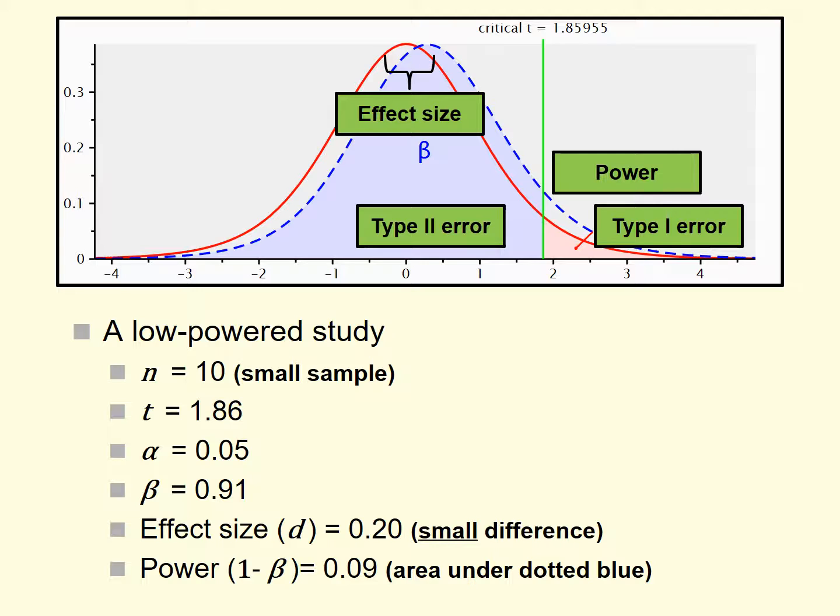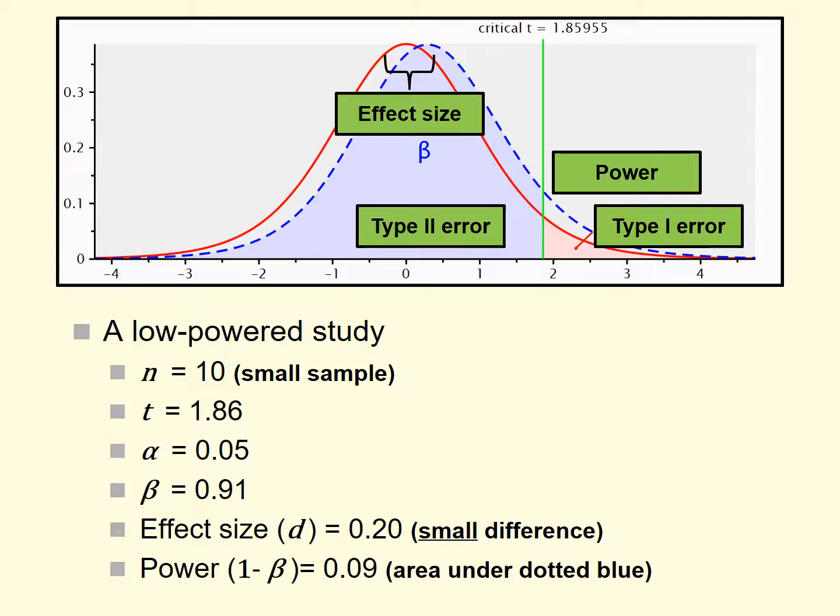The beta level, and that's beta not as in the regression formula, but beta as in capital B, or type 2 error rate, is the region to the left of the green line in the dotted distribution. That reflects the possibility that your t-statistic was not sufficient to reject the null hypothesis.